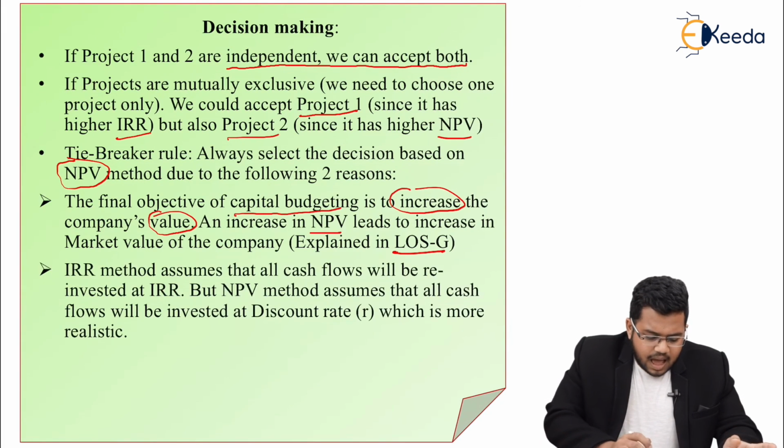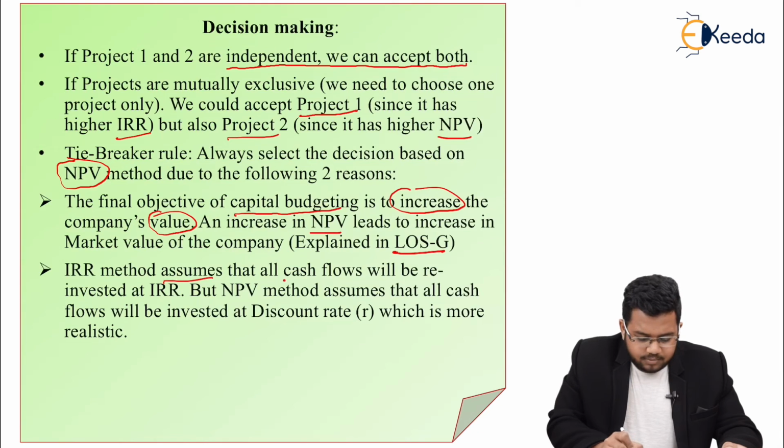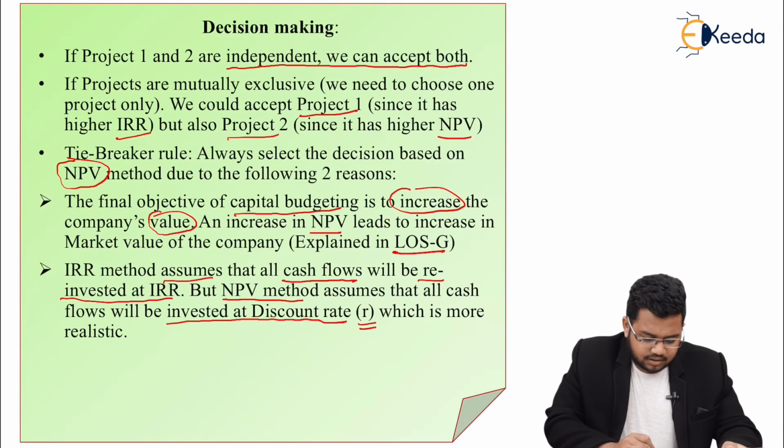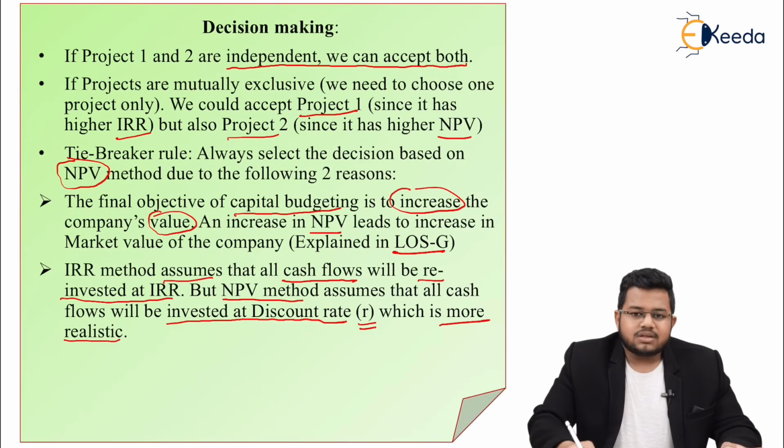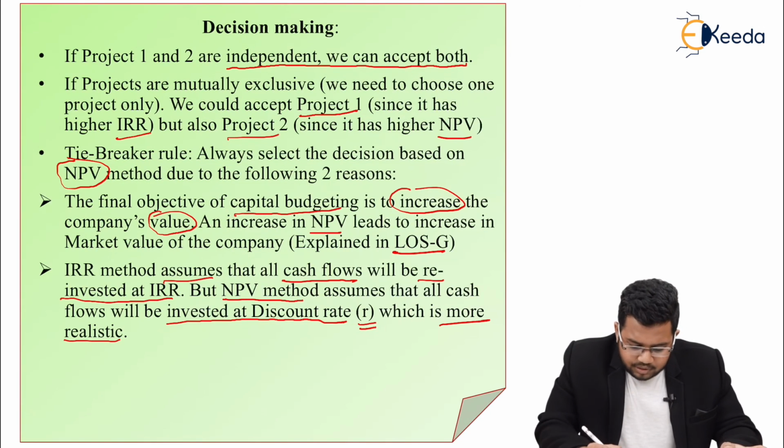Second reason, the IRR method assumes that all cash flows will be reinvested at IRR. But the NPV method assumes that all cash flows will be invested at the discount rate, which is R, which is more realistic. What does this mean? Check this example.